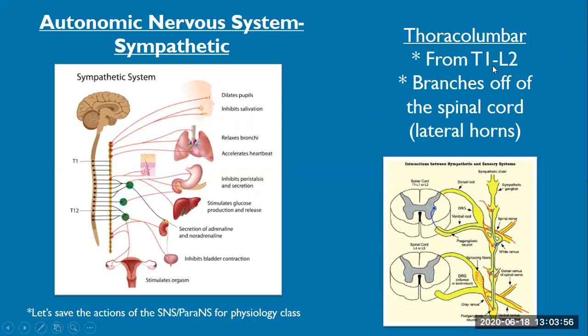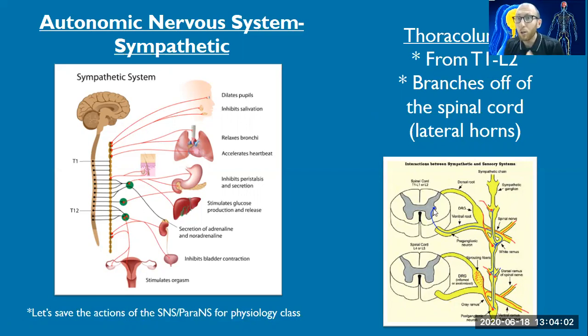It's important to know that range because within that range, you've got lateral horns. And in those lateral horns, that's where the signal begins of the sympathetic nervous system. So if I say, what division of the spinal cord has lateral horns that would elicit a fight or flight response?